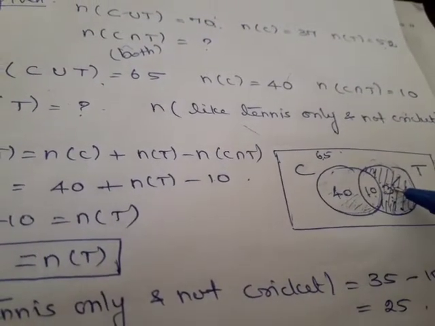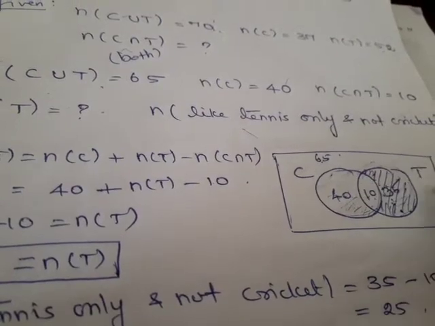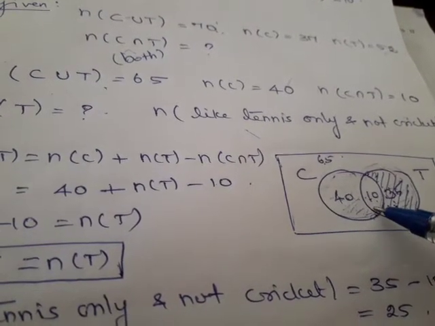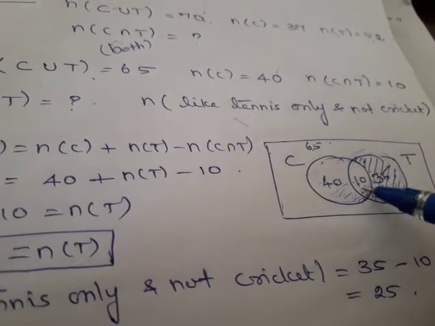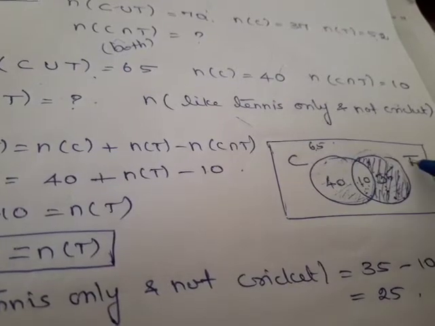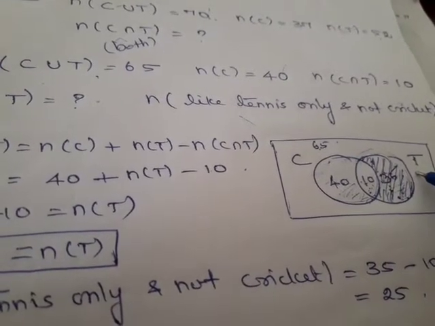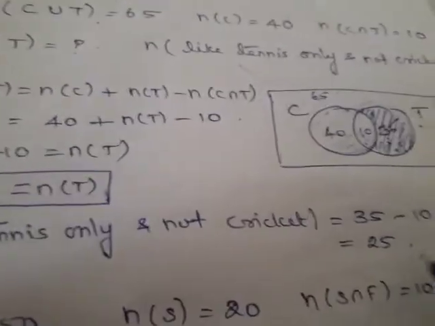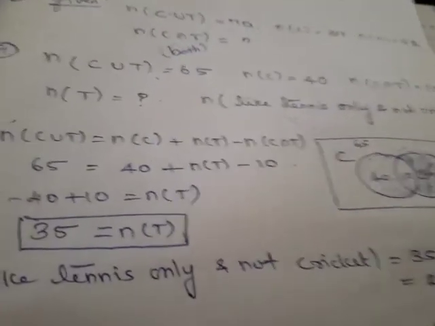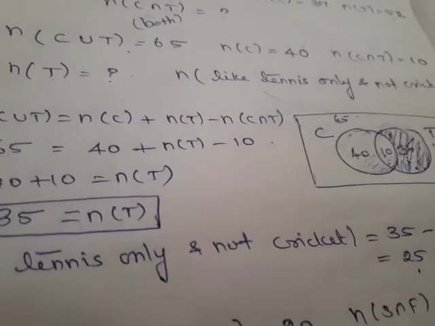Subtract this 10 from this 35: the entire 35 denotes the entirety and 10 denotes the intersection region. Subtracting the intersection from 35, you get only the people who like tennis. So we did 35 minus 10, which is 25, right? Hope you follow. Like this you can solve the previous problems also using a Venn diagram.